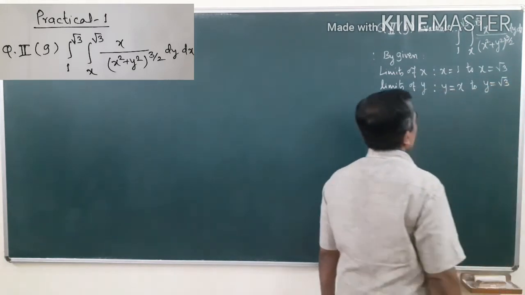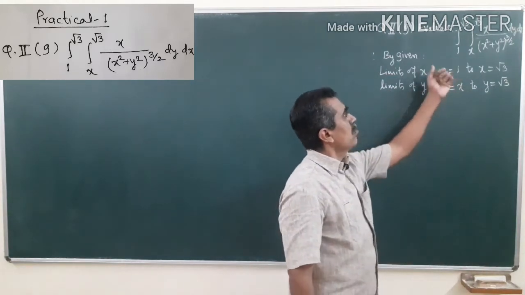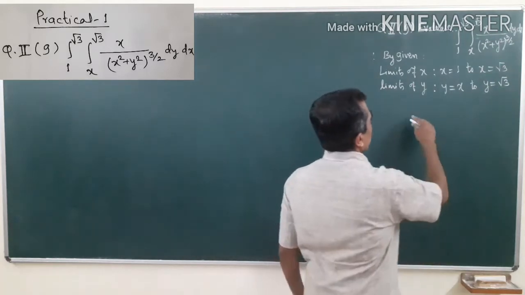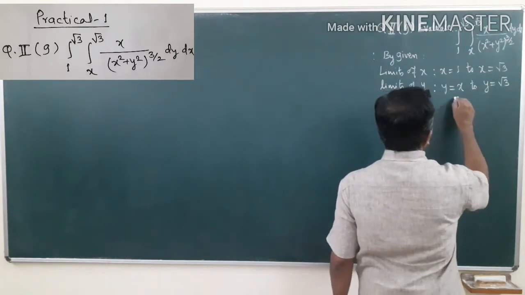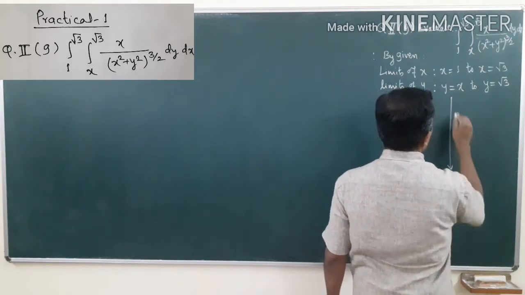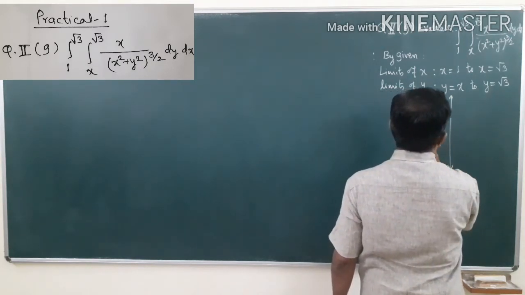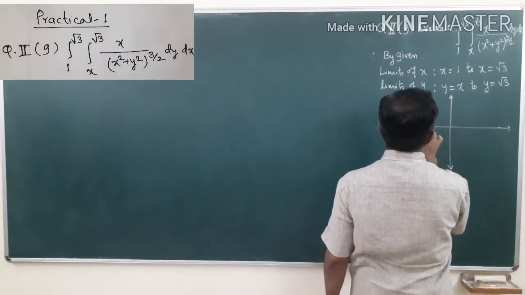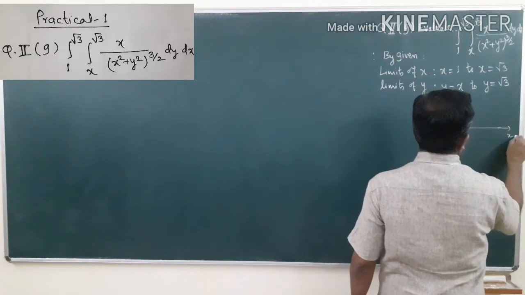So, all these are very simple lines. So, this is a very simple example to sketch the region of integration. So, we will sketch the region. First of all draw the figure. So, this is x axis, suppose this is your x axis.